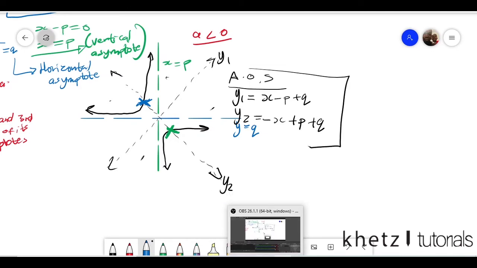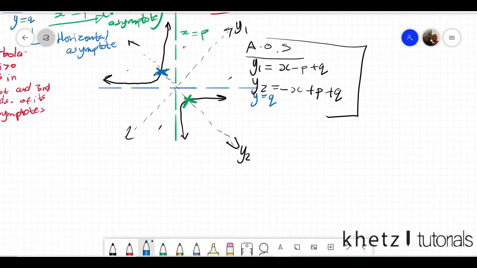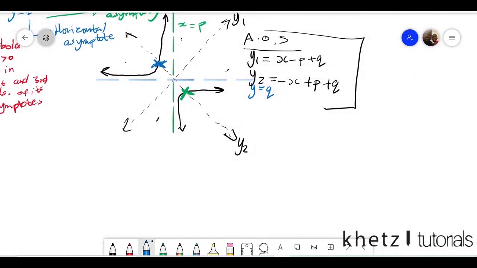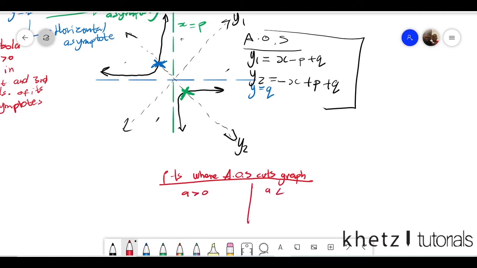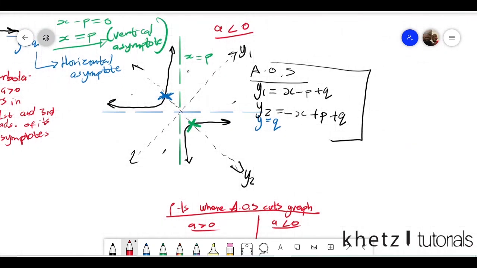To find the point where the axis of symmetry cuts, there are two cases. So let me just write here: point where axis of symmetry cuts our graph. We have a case where a is greater than 0 and a case where a is less than 0. As you can see, only one of the axes of symmetry when a is less than 0 actually cuts here.